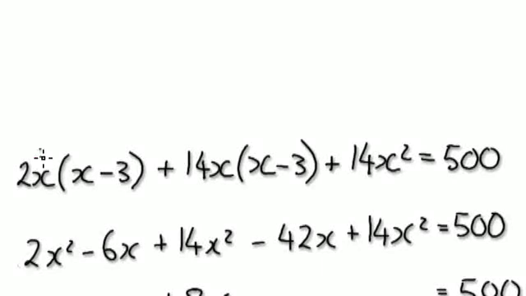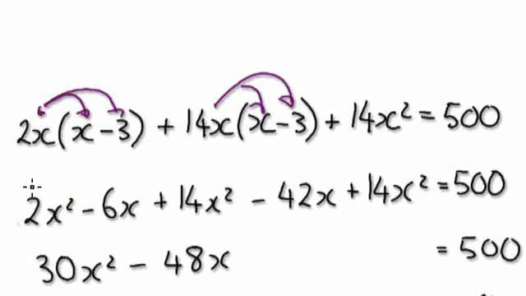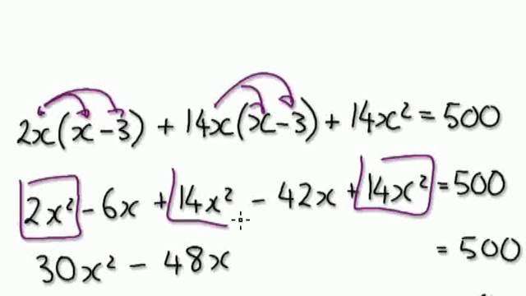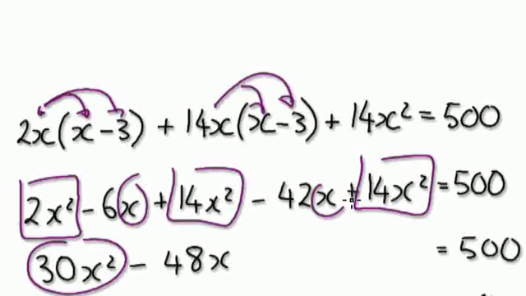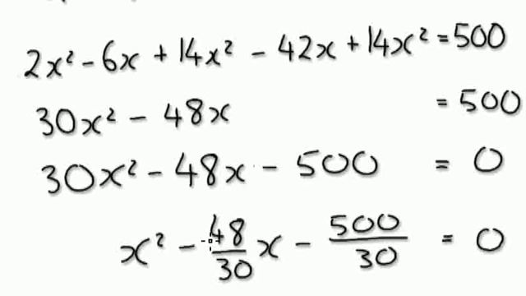Expand the brackets, and then merge all the x squared together. That gives you 30x squared, and then the x terms, and then follow it through here.